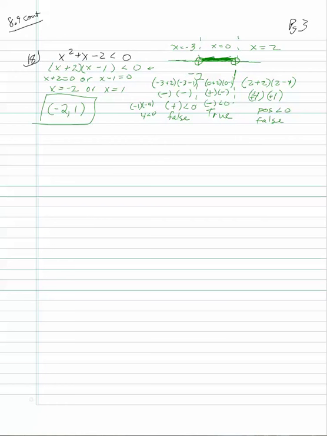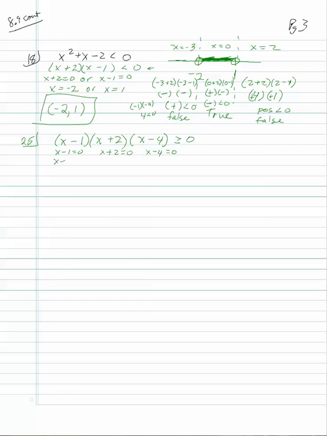Okay, so we can extend this technique to as many factors as you want. So if you look at number 25, it's already factored for us, so that's nice. We have 3 factors, so that's going to give us 3 points, 3 x-intercepts. So we're going to set them each equal to 0, find those critical numbers.